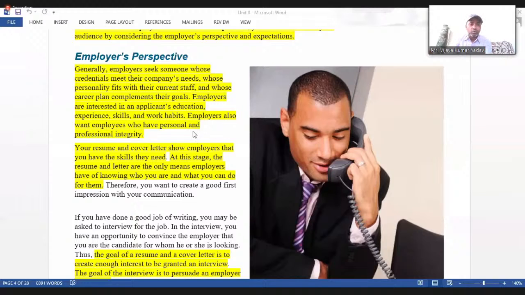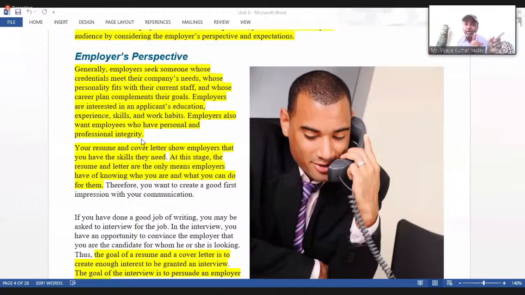Employers also want employees who have personal and professional integrity. Integrity means honesty. Honesty is a big point. Wherever you are applying, if you are not honest, you cannot continue the job there. You must have personal integrity and professional integrity.